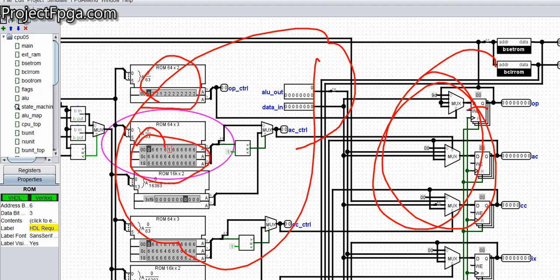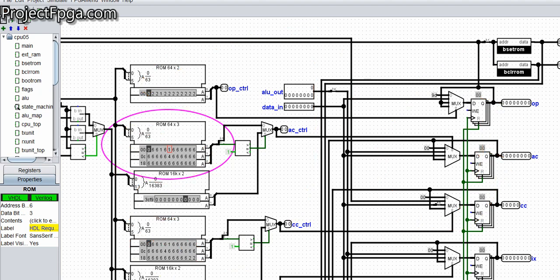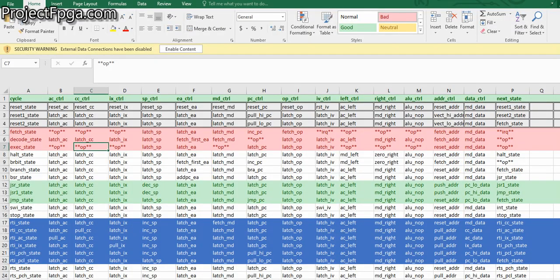These ones are in a register, these ones are in different separate ROMs, and the values in the ROM come from these Excel sheets, which are also on the website, the two of them. What I did was pick them column by column and save them in a ROM. So whatever the state has determines what it will give as an output.